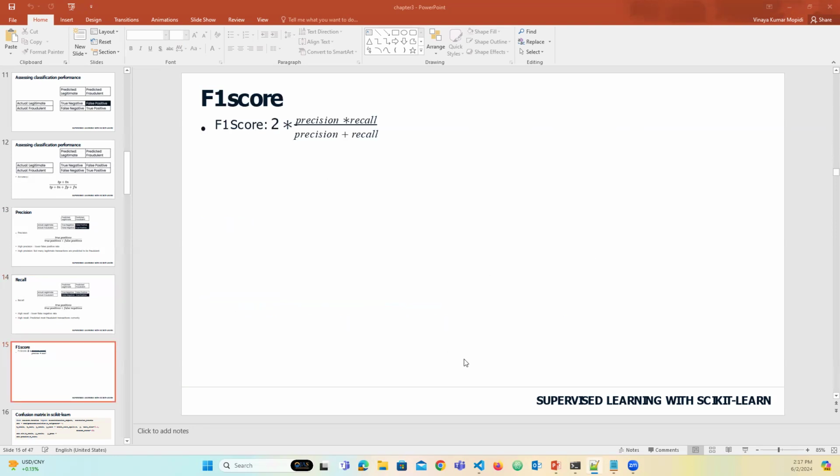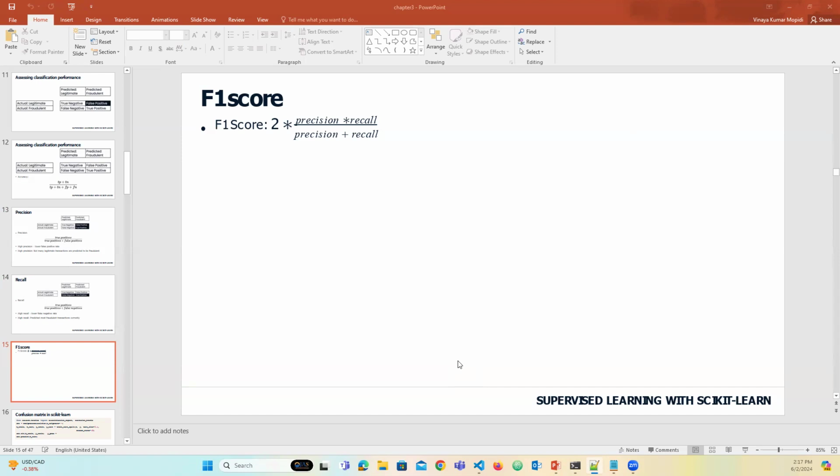So the F1 score is the harmonic mean of precision and recall. This metric gives equal weight to precision and recall. Therefore, it factors in both the number of errors made by the model and the type of errors.